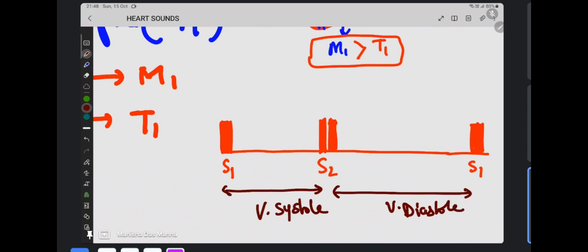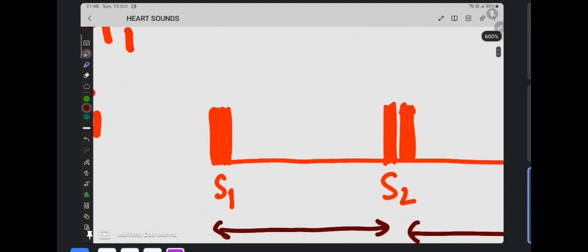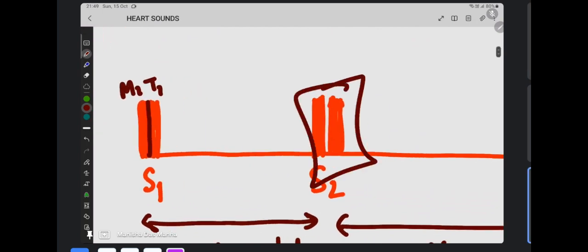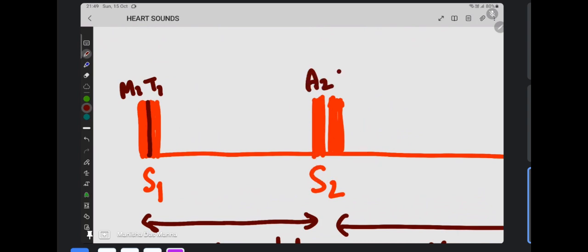I'll tell these things later also. S1 is not a single sound: there is M1 and T1. S2 is also not a single sound: there is closure of the aortic valve and closure of the pulmonary valve.